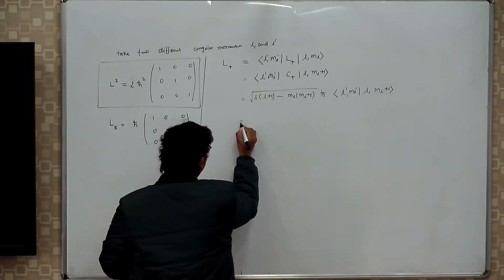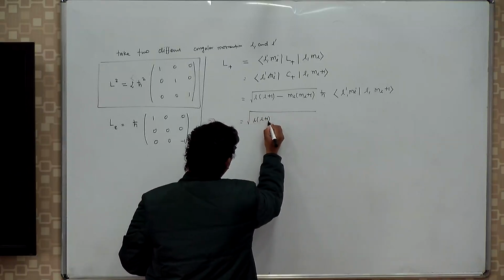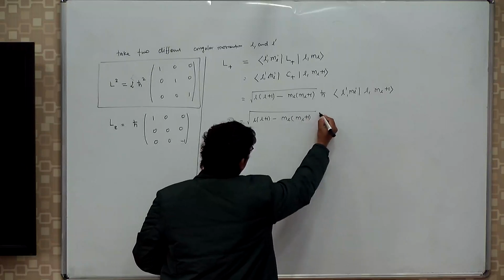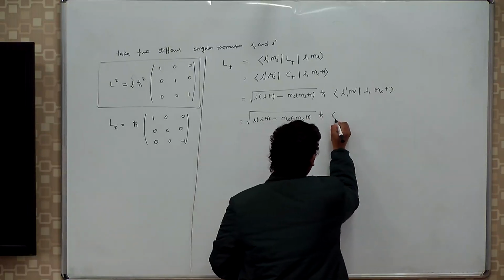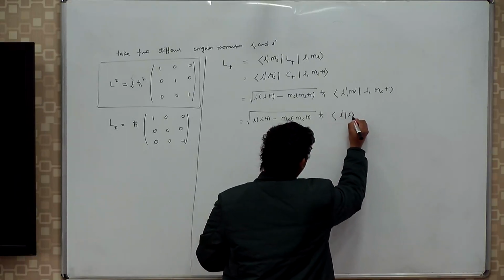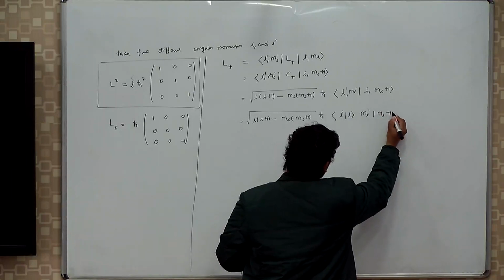Again the same expression can be reduced: the square root of L(L plus 1) minus m_l(m_l plus 1), times ħ, times ⟨L'|L⟩ and ⟨m_l'|m_l plus 1⟩.